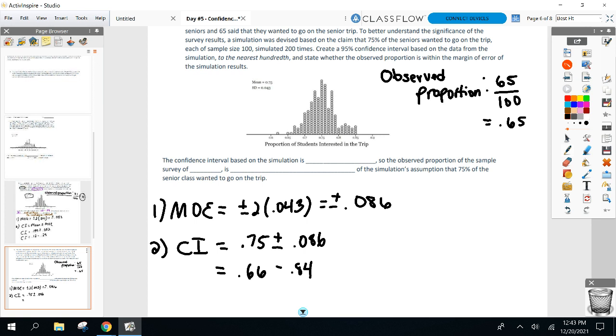So just by him doing 65, he probably shouldn't take that to the bank. So the confidence interval, we could fill this out now, 0.66 to 0.84. So the sample of 0.65 is not within our confidence interval.